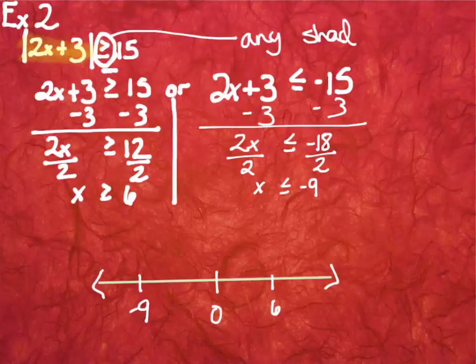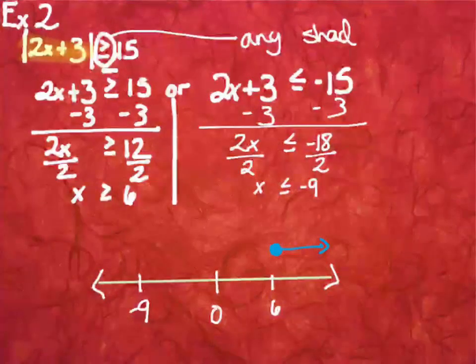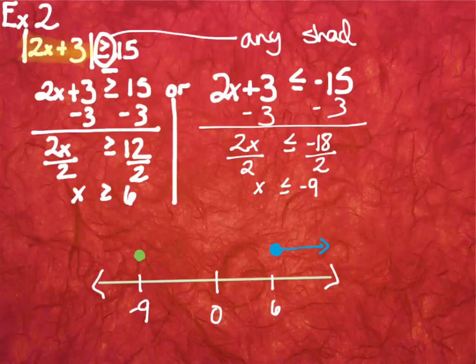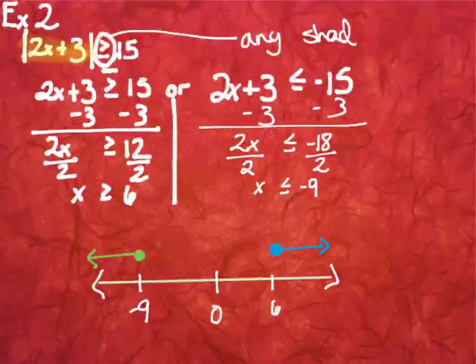And so if I look at the positive 6, when I shade that, it starts at positive 6 and it says it's greater. So I'm filling it in and I'm shading towards the right. When I do my negative 9, I start at the negative 9 and I shade left. So we have two different spots that's shaded.